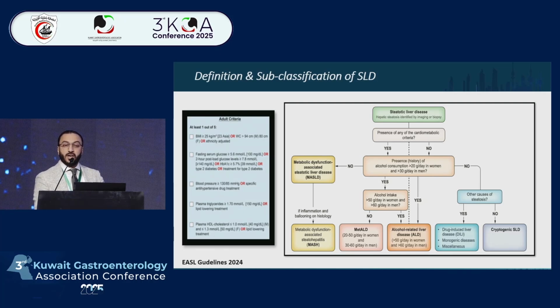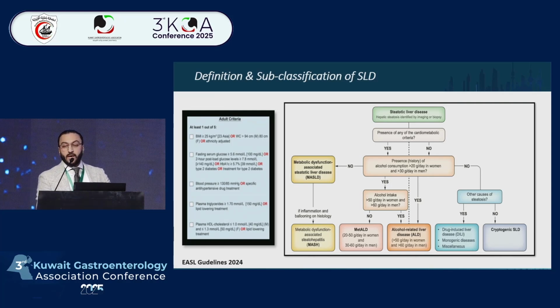And third, he should drink within the safe limit of alcohol. The safe limit of alcohol is defined as less than 20 grams per day in females, which is like 2 glasses of wine per day, or less than 30 grams per day in males. So if we have these 3 criteria, then the patient has MASLD. If there is an element of inflammation on biopsy, then we can diagnose him as MASH.